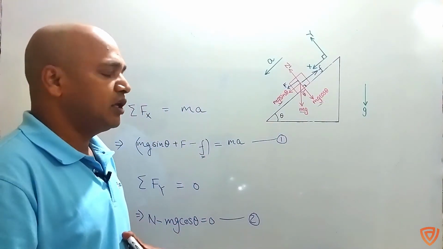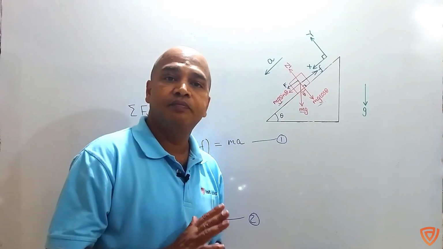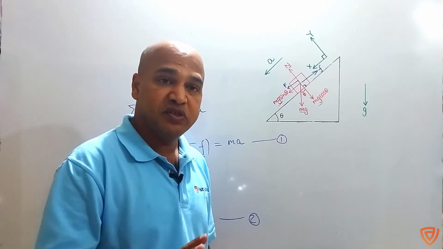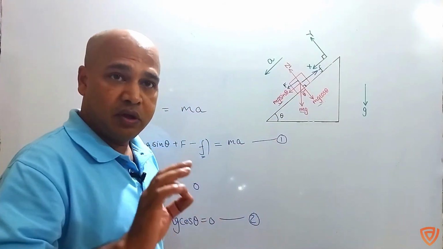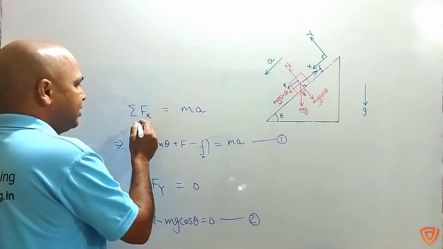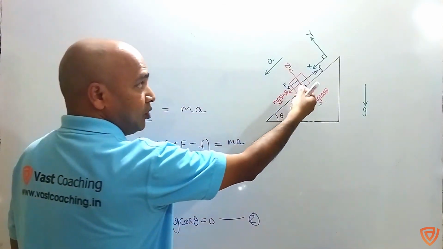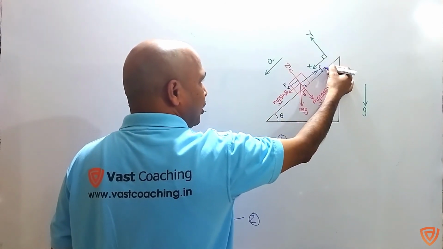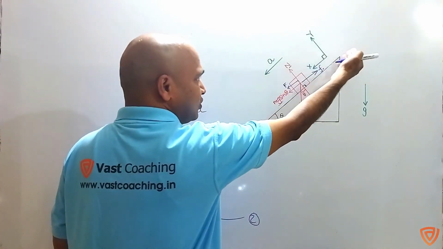The only thing you have to keep in mind while solving these kinds of problems is to make sure the direction of forces is taken correctly. There should be no mistakes on those things. All the force vectors, when you draw them, you have to draw in the right direction, and when you sum up Fx and Fy, you reverse them where needed. Like small f, the friction force, I reversed it because it was in the opposite direction of x.